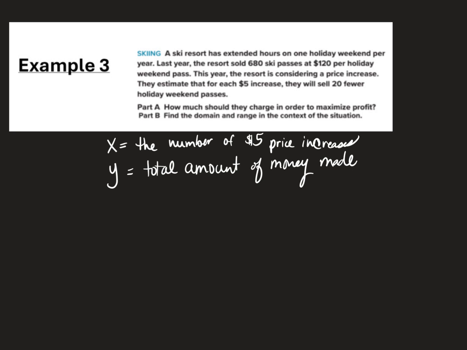So Y is going to equal the price of each pass times the total number of passes sold. So let's look at that. The price of each pass, with the number of $5 increases.